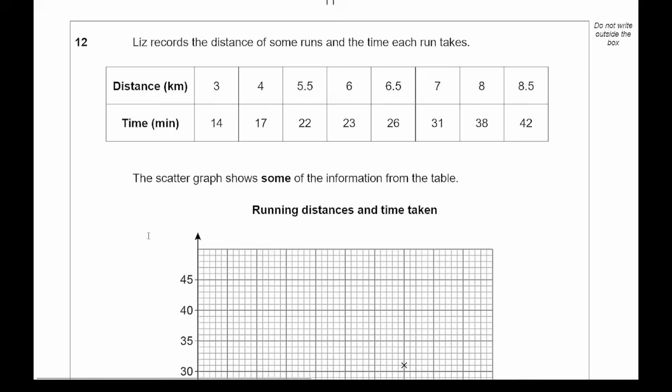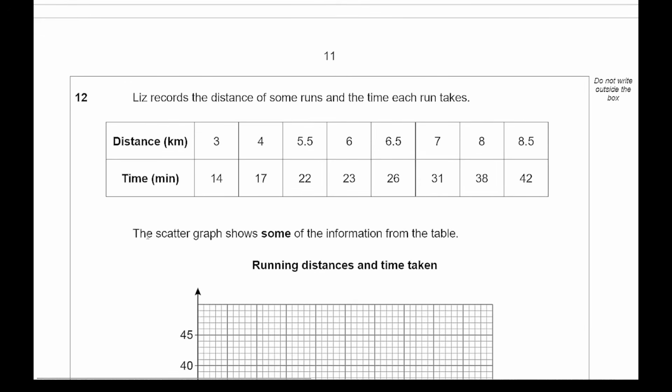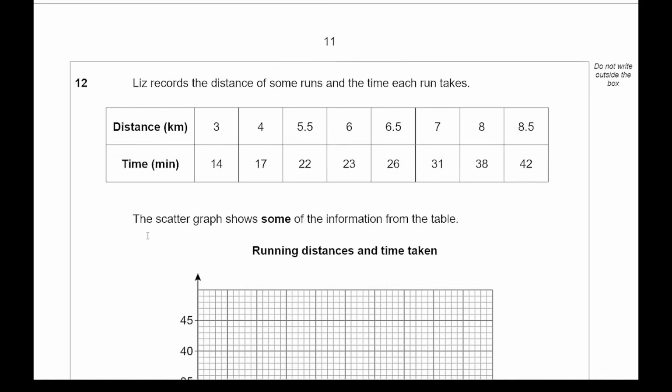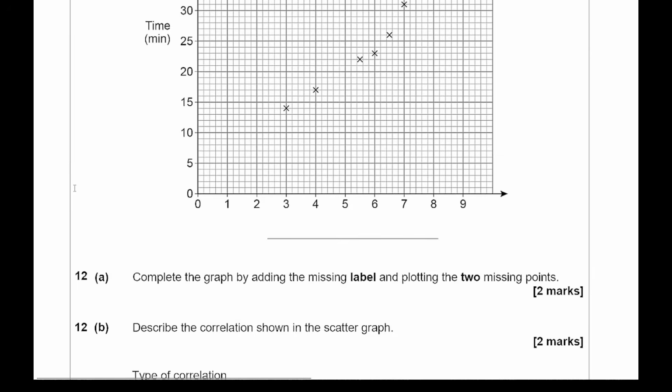Moving on to question 12, it says Liz records distance of some runs and the times of each run takes. The scatter diagram shows information in the table. Now for question 12a, it says complete the graph by adding the missing label and plotting the 2 missing points.